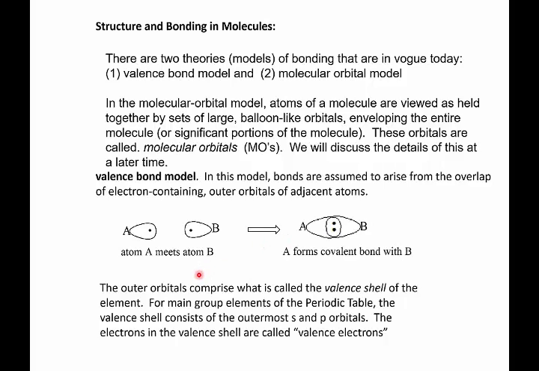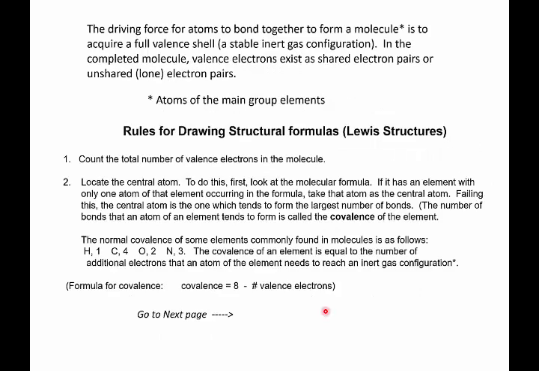Now the outer orbitals involved here comprise what is called the valence shell of the element. For main group elements of the periodic table, the valence shell consists of the outermost s and p orbitals. The electrons in the valence shell are called valence electrons. Now the basic driving force for atoms bonding together in a molecule is to acquire a full valence shell.